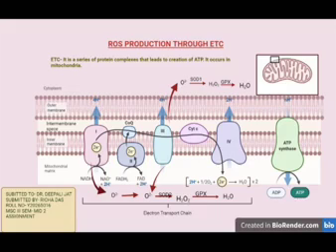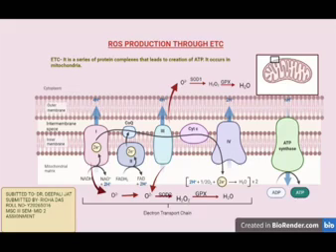The electron flow in an ETC is coupled with the generation of a proton gradient across the inner membrane, and the energy accumulated in the proton gradient is used by complex 5 to produce ATP.